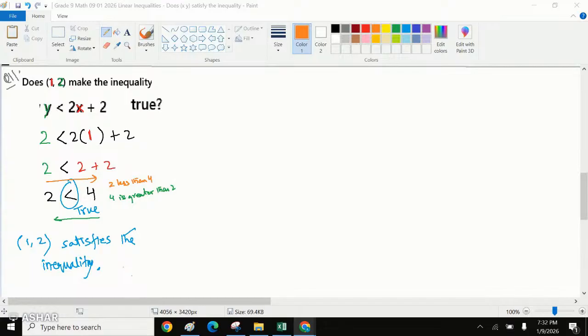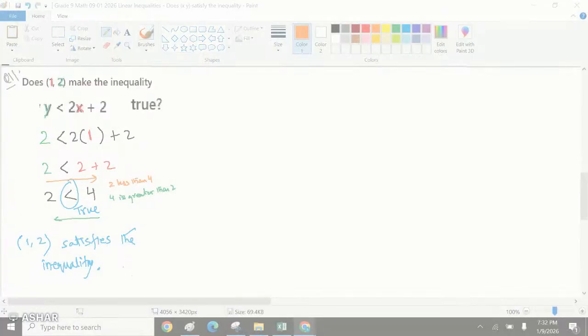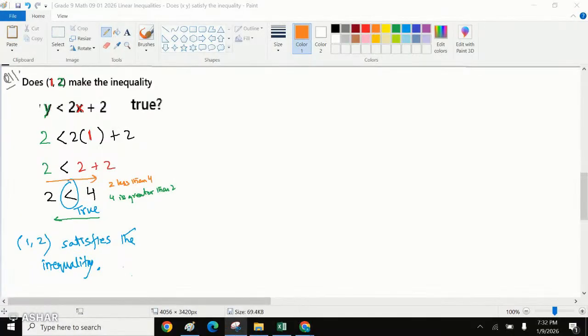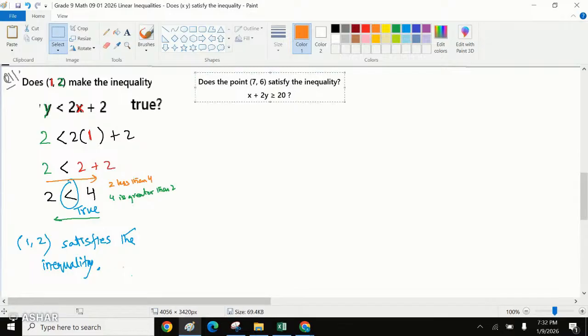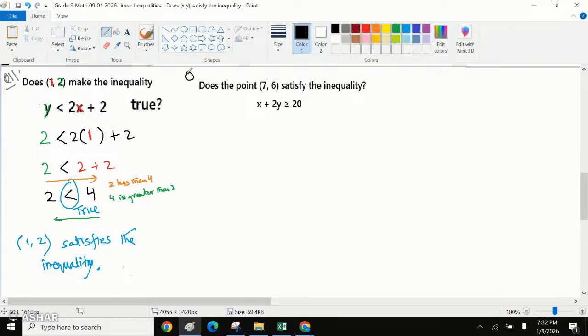Moving ahead to the next question. The next question says, does the given point satisfy the given inequality? Question number 12. Okay, let's see. This is question number 12. Can I have an answer to this?